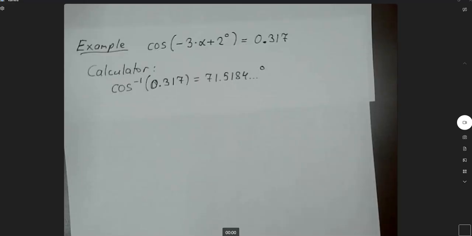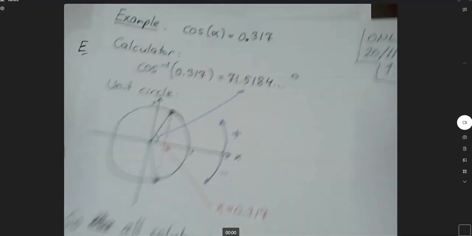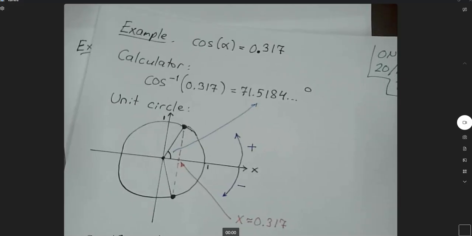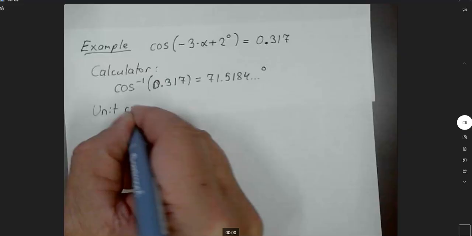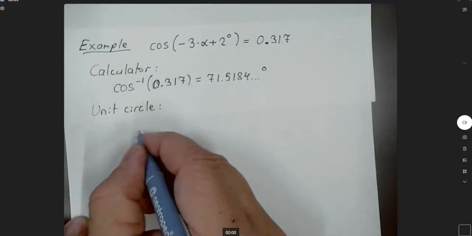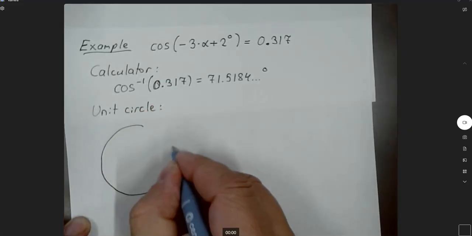And now we have this cosine here. So if we did not solve this example earlier, we have to draw the unit circle at this point, or it is useful to draw that circle there.